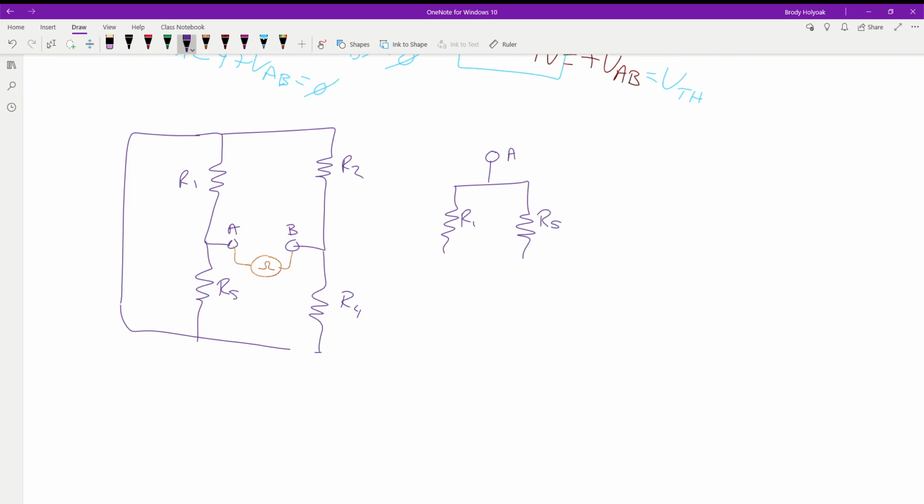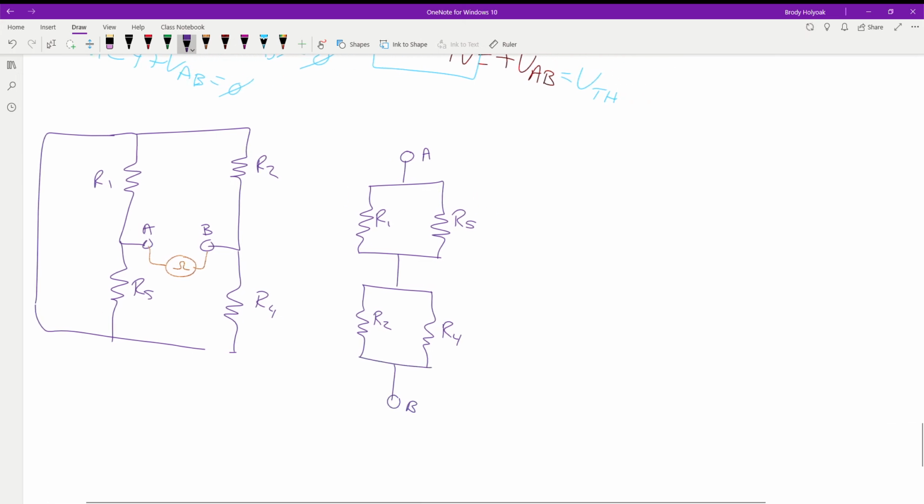What is the end of R1 connected to? R2 and back around to R5 and R4. So then they would be in series with each other.